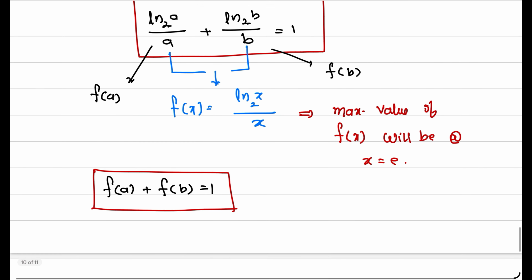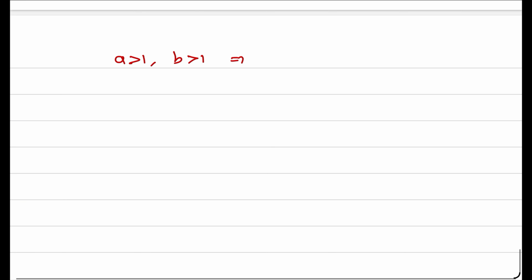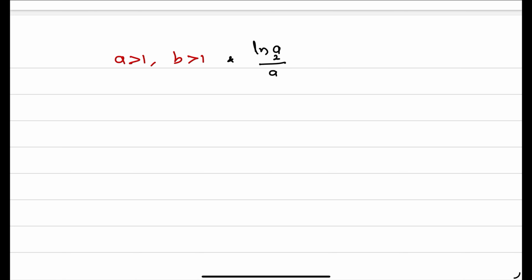Positive integers. A is greater than 1 and B is greater than 1, and ln A to the base 2 by A plus ln B to the base 2 by B is equal to 1. We have to find out the values of A and B.